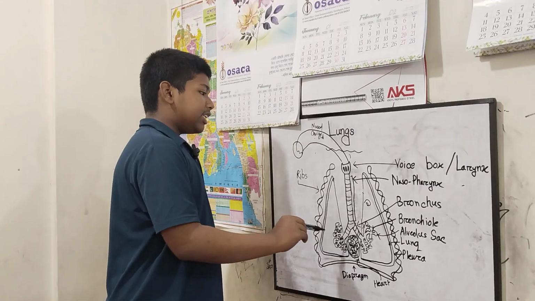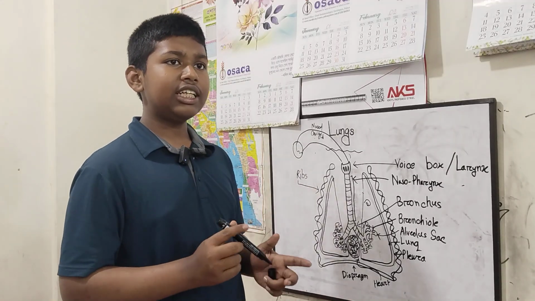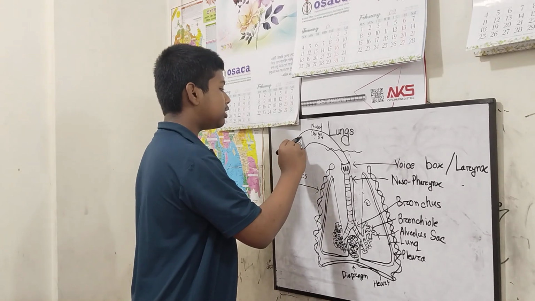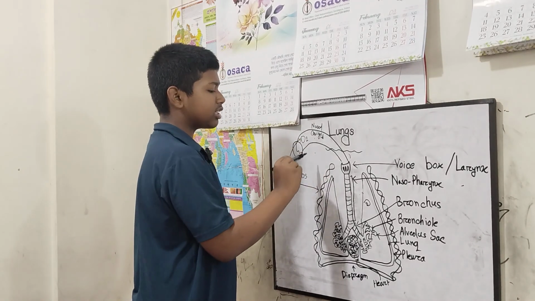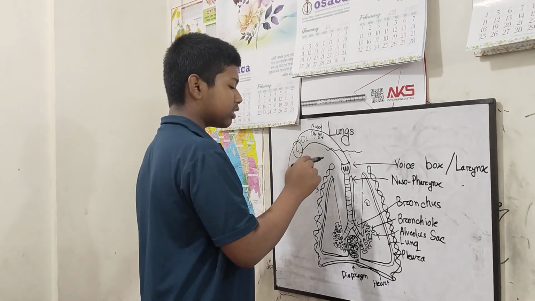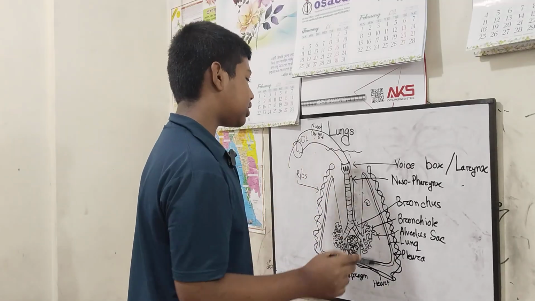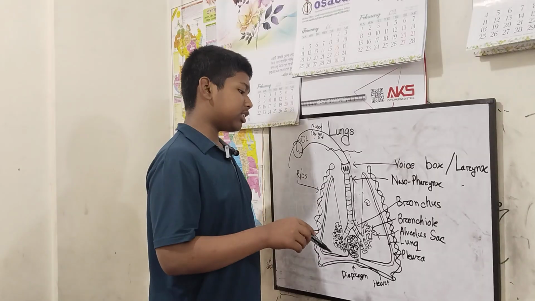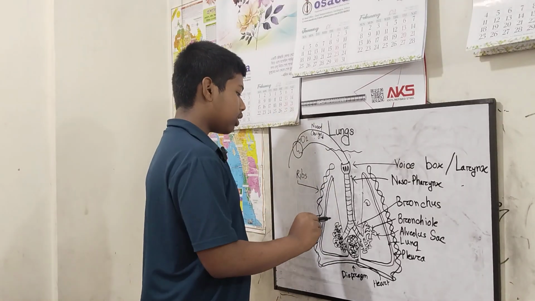So yeah, we have these things, but how does this respiration occur? As you see, O2 gets into the nostrils and nasal cavity, goes through the voice box, nasopharynx, and through the bronchus. It goes into two objects. Both are the same. I'm going to explain one.